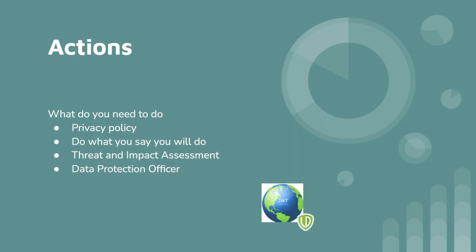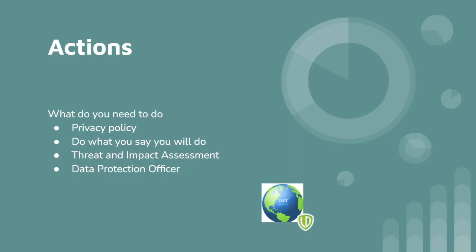Essentially, you want to clearly explain what data you're collecting, what you will do with that information, and who has access to that PII. But it's not sufficient to just have a privacy policy. Every organization has to put the processes in place so they can actually do what they say they will do, what they stated in their privacy policy. So how we get there is by doing two assessments, which are also a requirement.